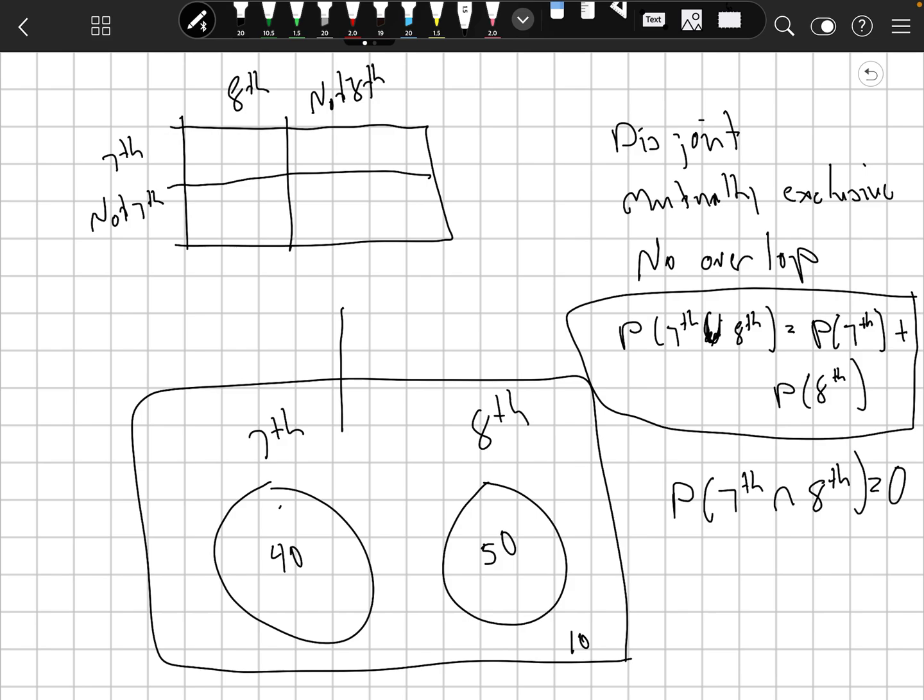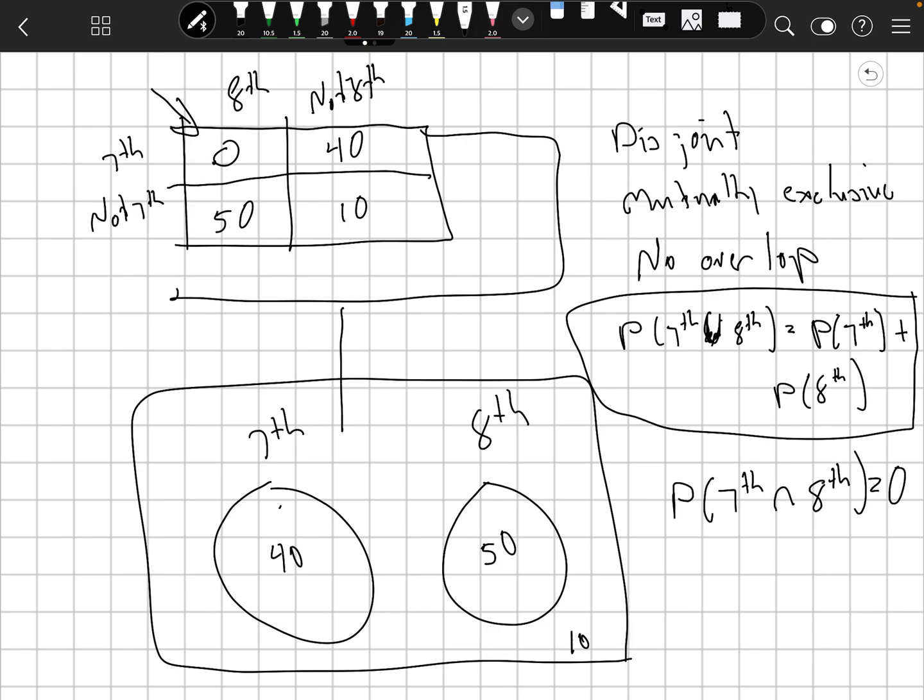So, first of all, 8th, not 7th is going to be 50. And 7th, not 8th is going to be 40. And neither of those is going to be 10. Maybe there were some 9th graders in the survey or something like that. But what are you going to put in this box right there? It's going to be a big fat 0.